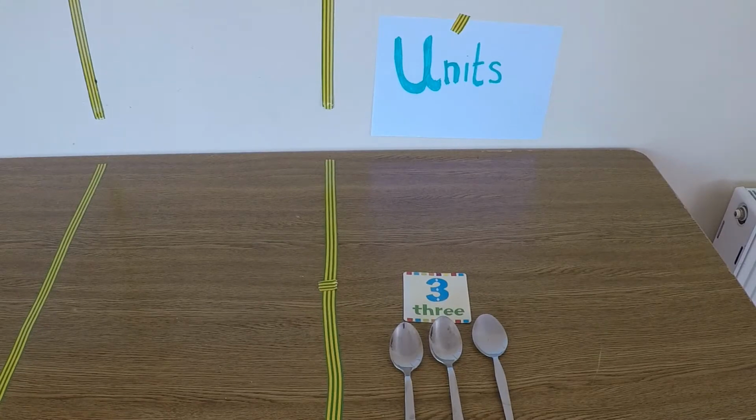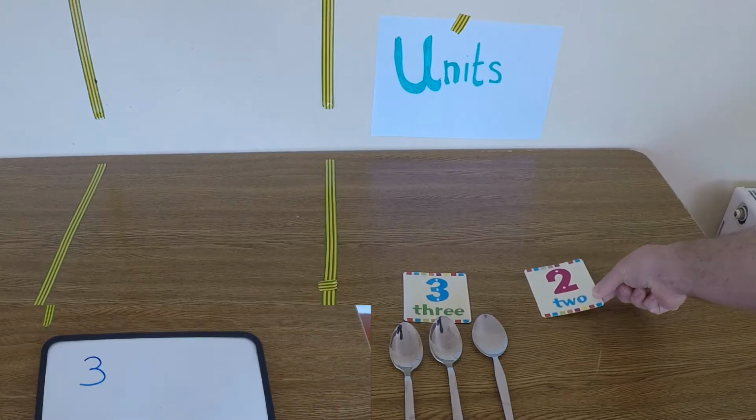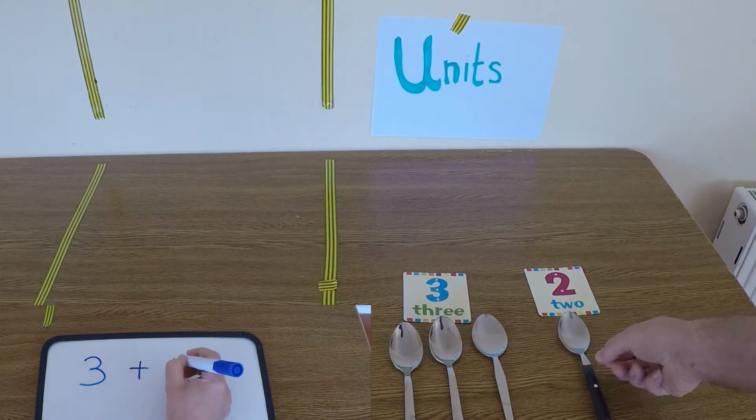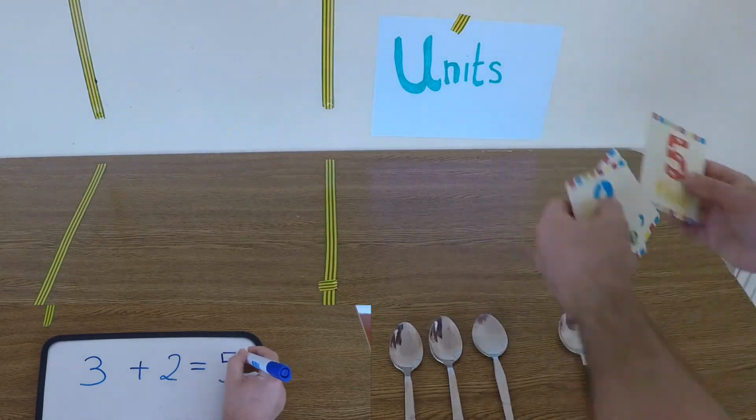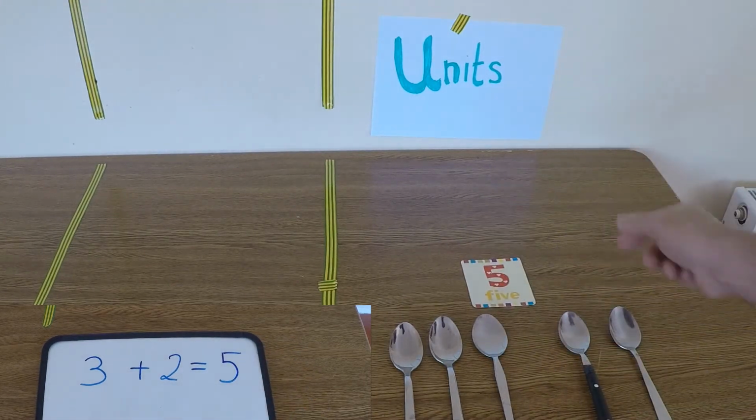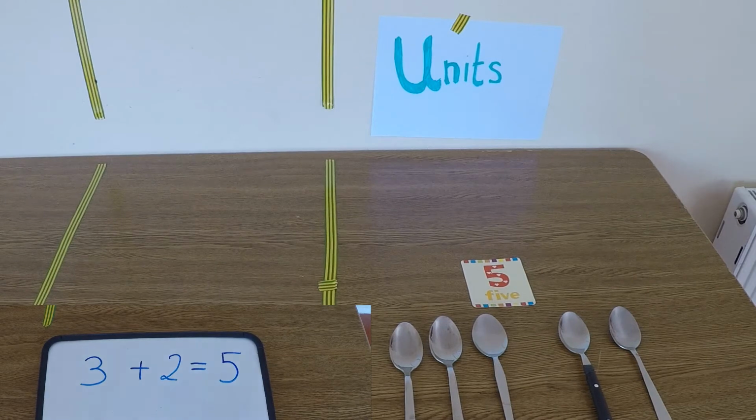Let's say I take these 3 spoons and I want to add 2 more spoons. So what I am doing now is adding 2 more spoons into the units column. There are 3 spoons and we're adding 2 spoons. That means that we have 1, 2, 3, 4, 5 spoons. So we take away 3 and 2 because we now have 5 spoons.